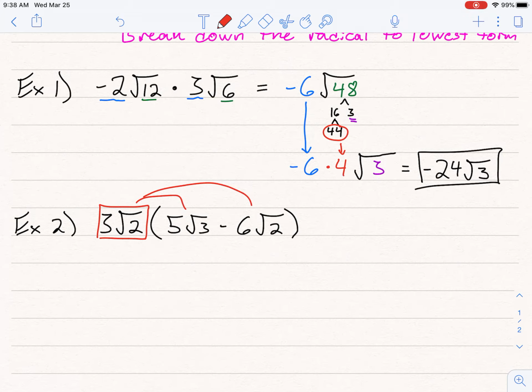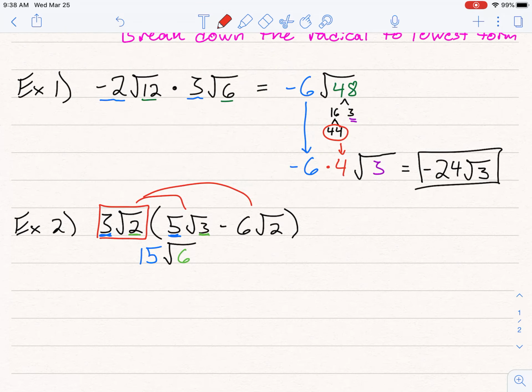The same properties still apply, where I'm going to multiply my coefficients and multiply my radicands together. So here, I'm taking 3 times 5, which gives me 15. And then I would take the square root of 2 times the square root of 3, and that gives me a square root of 6 there.